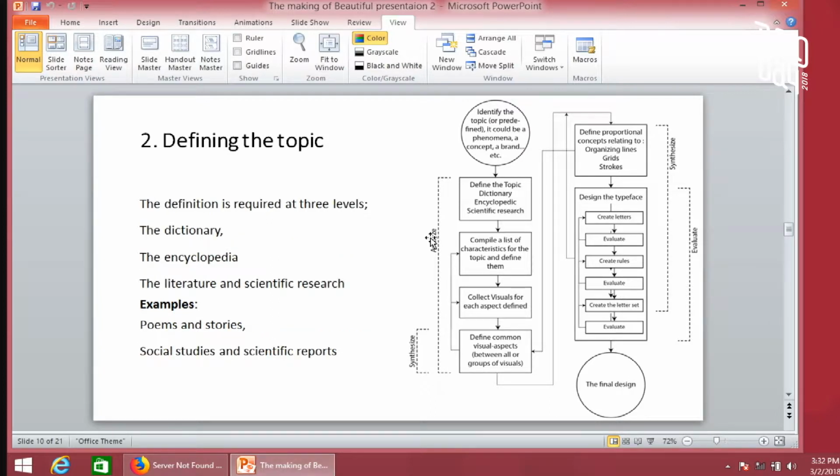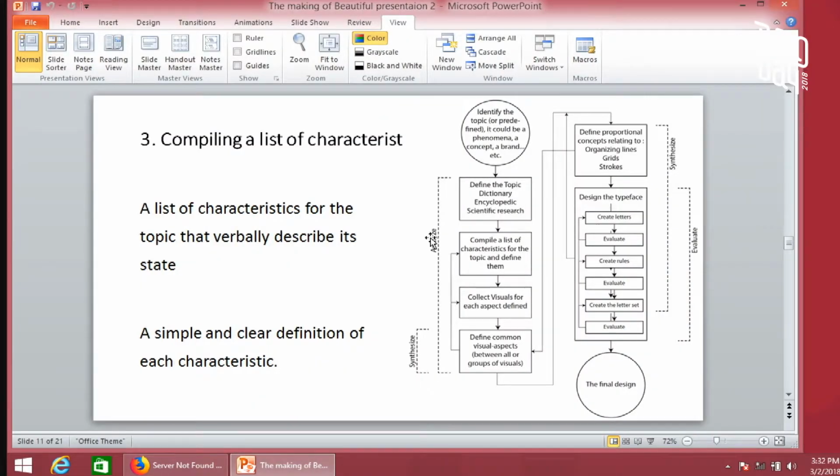The second step is defining the topic, which means they have to define the topic by using multiple sources for description of that topic, like a dictionary, encyclopedia, literature, or scientific research. Examples of such sources are poems, stories, social studies, and scientific reports.